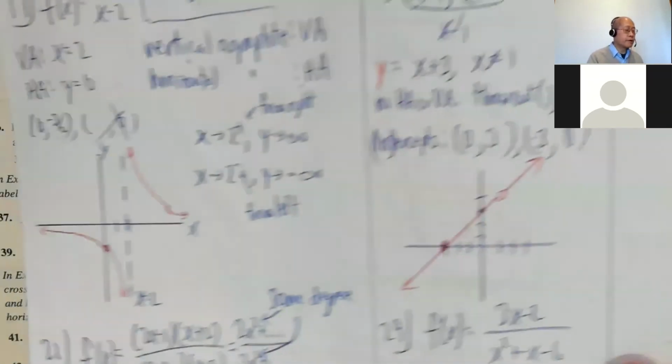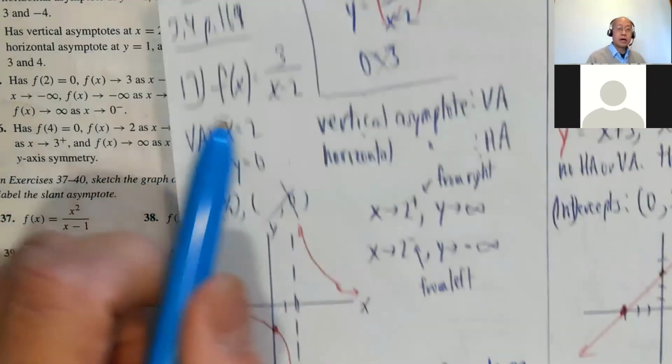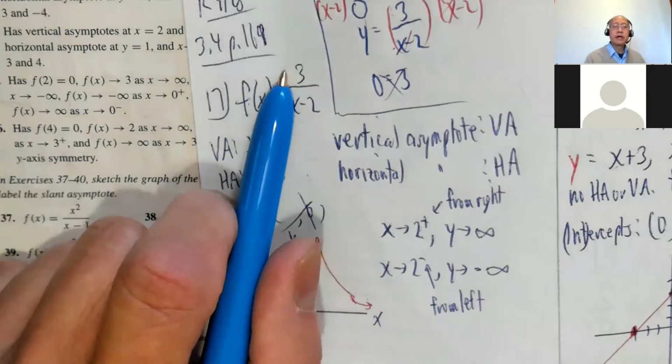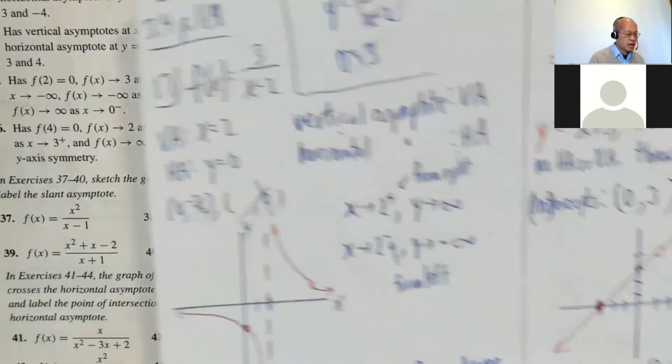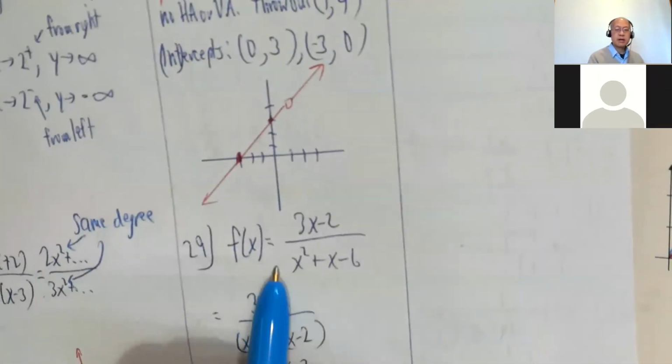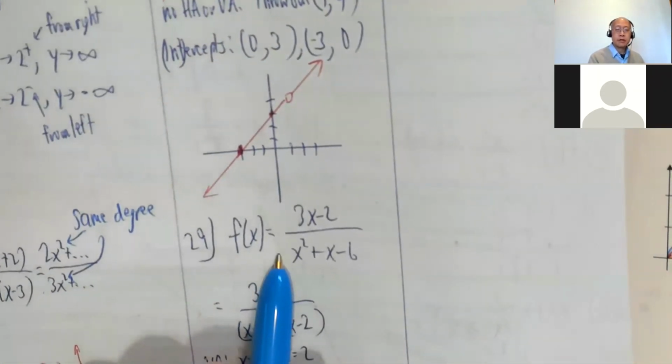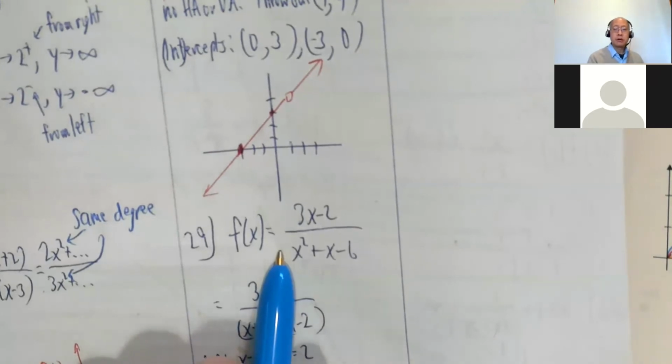Okay, so how do I find a horizontal asymptote? I didn't actually give you a rule yet, but I was going to. If the degree of the numerator is smaller than the degree of the denominator, like over here, and didn't we do another one? Like here, right? Then y = 0 turns out to be a horizontal asymptote.